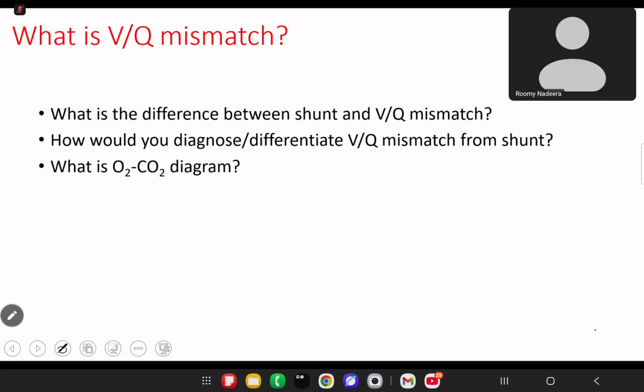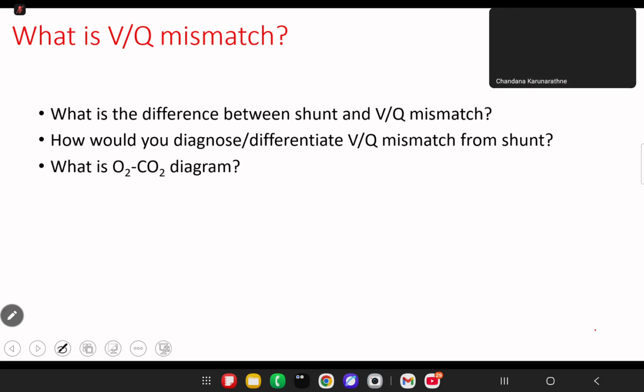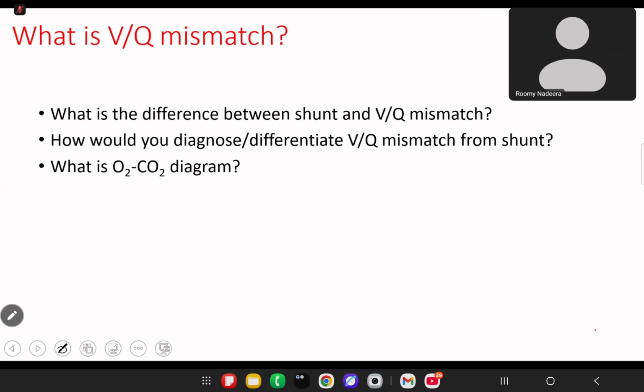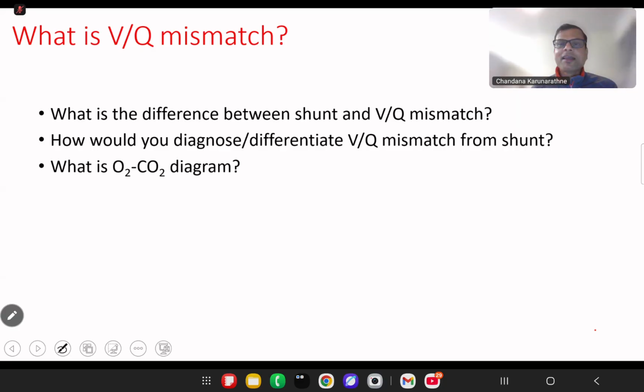In the mismatch, all alveoli are getting ventilated and perfused, but there is an imbalance between them. Okay, that's good. But in a shunt, there is only perfusion, there's no ventilation. Excellent. So what she said is there is no ventilation, but there is perfusion.